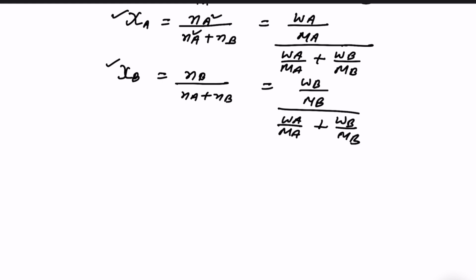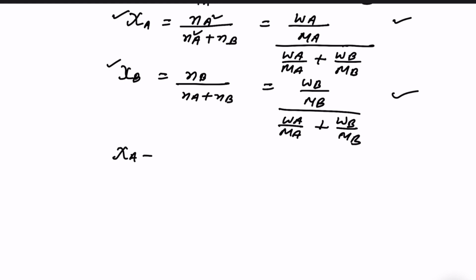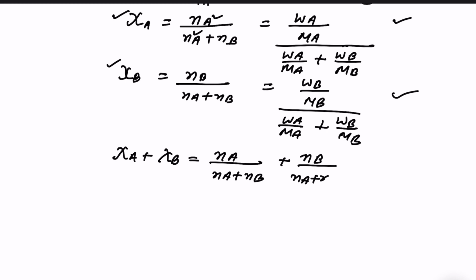Now if I add the two, what will be XA plus XB? That will be equal to NA upon NA plus NB plus NB divided by NA plus NB. If I take the LCM, I am going to get NA plus NB in the numerator.